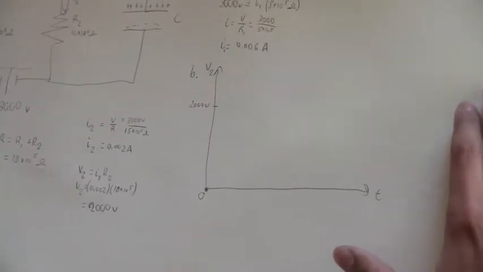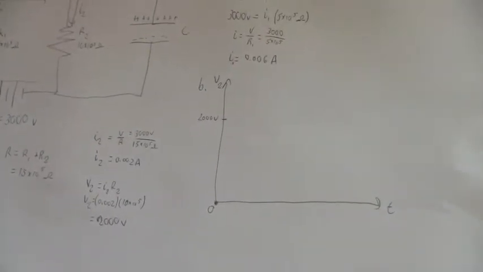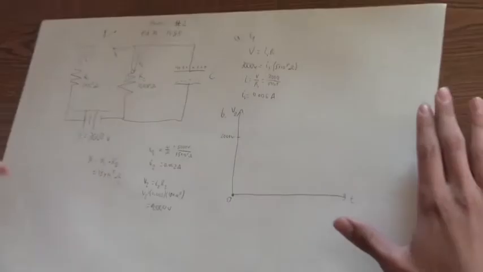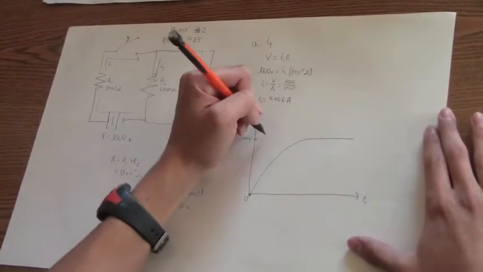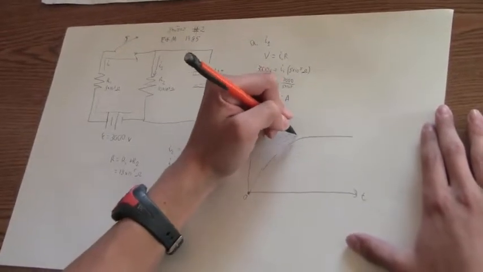Now the way you figure out the shape of the graph is it's your natural log graph. It looks like this, asymptotic to 2,000 volts.